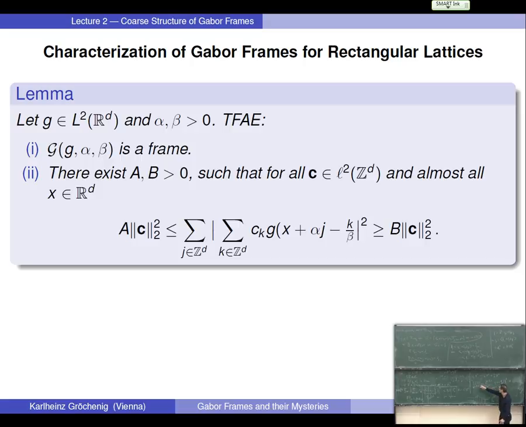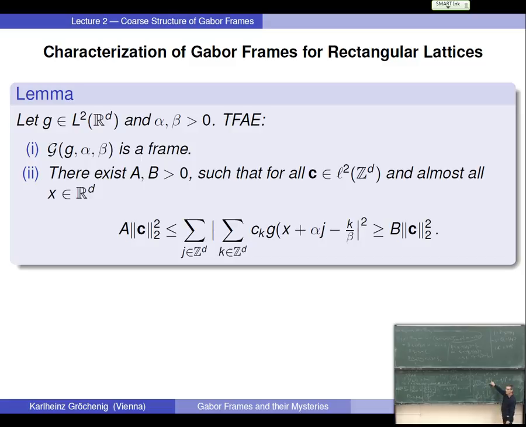So the next thing is I periodize the whole integral. I write that as an integral over one cube of length alpha, sum over j. Well, I could write the sum outside or inside. And I look at translates of this cube.